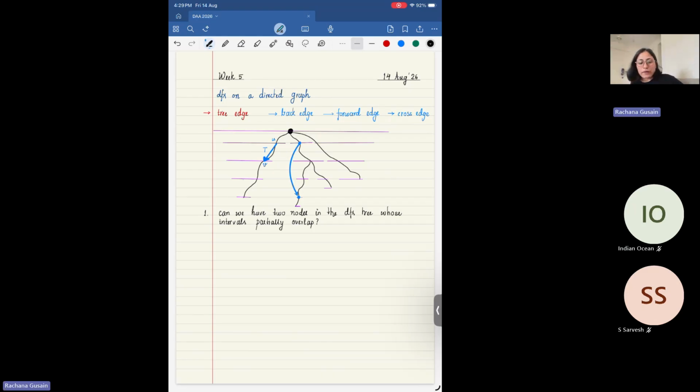Can we have such a graph such that if I do a DFS on that graph, then let's say I get some DFS tree. Is it possible that two nodes in the DFS tree have their intervals partially overlapping, meaning something like this?